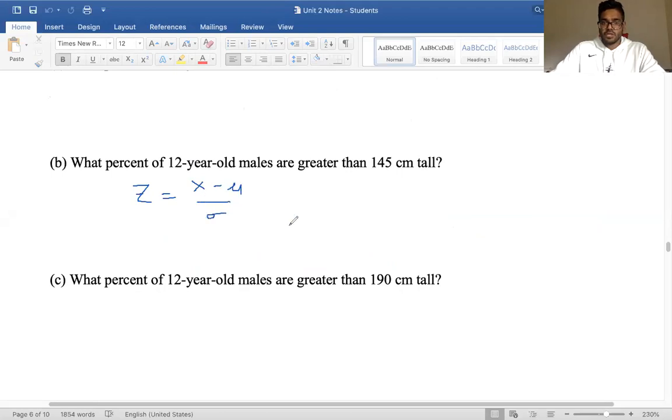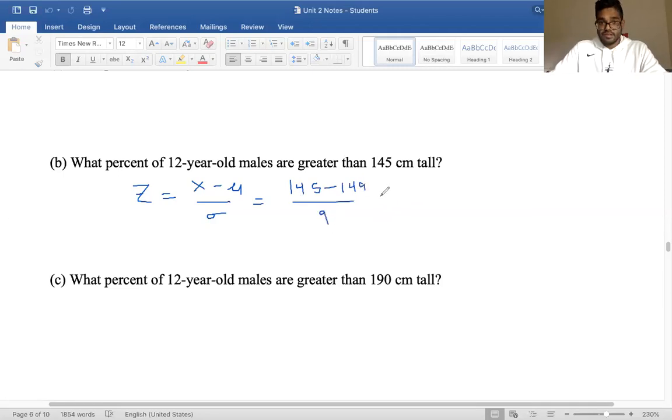So I posted a formula sheet on Canvas as well. You get that formula sheet on the test, but on the AP exam, they want you to write the equation and then plug everything in, right? So then you go 145 minus 149 divided by 9.